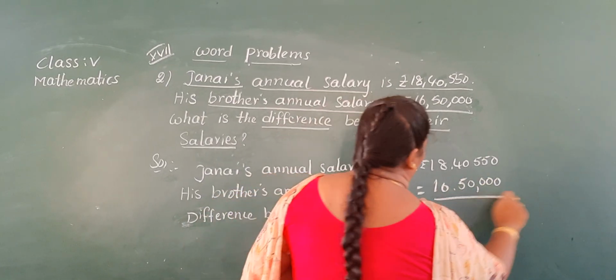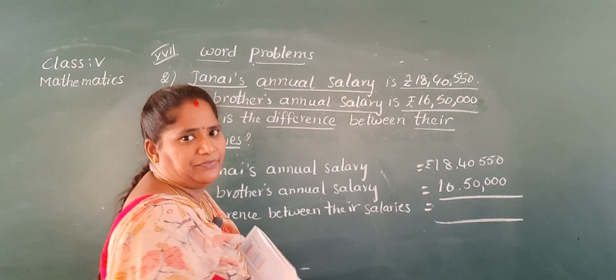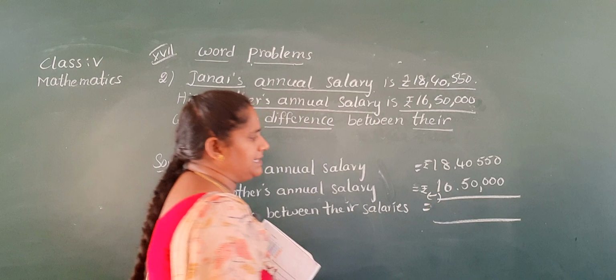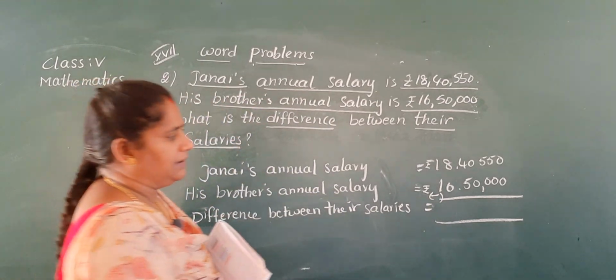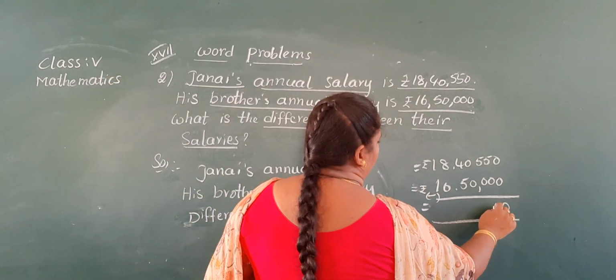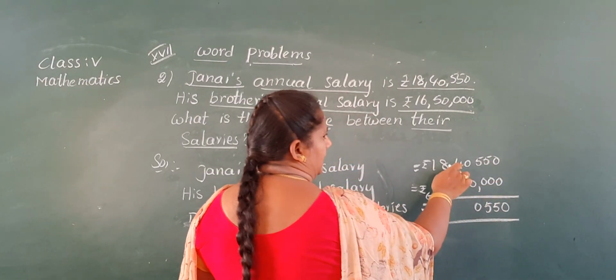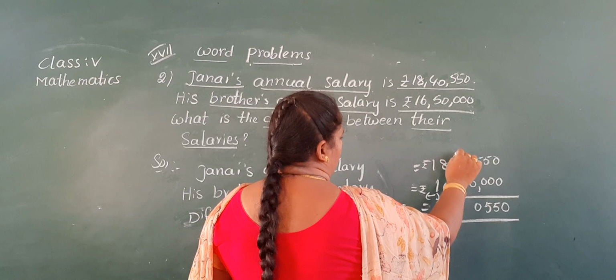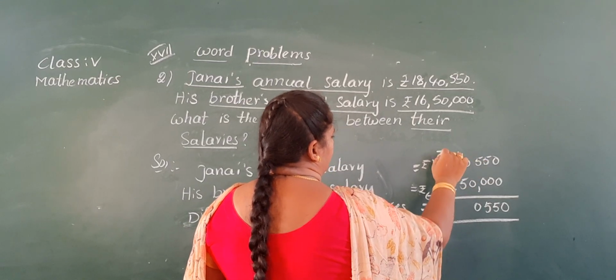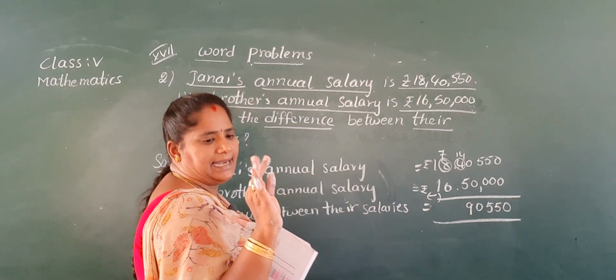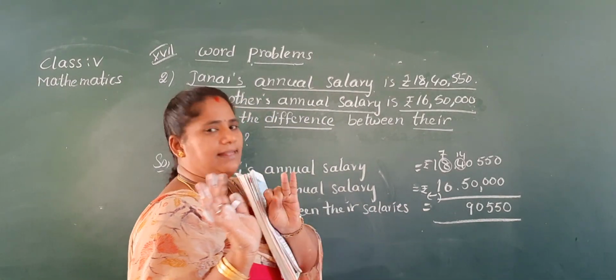Now difference means what we have to do, children? As difference is the keyword for subtraction, keep minus symbol and do the subtraction. 0, 5, 5 minus 0, 5, 0. 5 is greater than 4, so take borrow 14. 8 before is 7. 5 to 14, 9. 5 after 6, 7, 8, 9, 10, 11, 12, 13, 14.